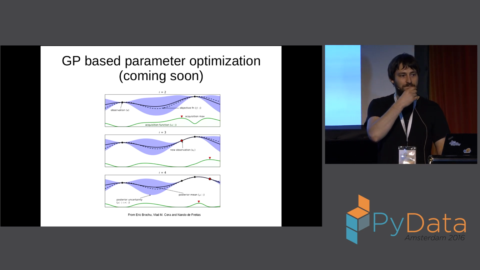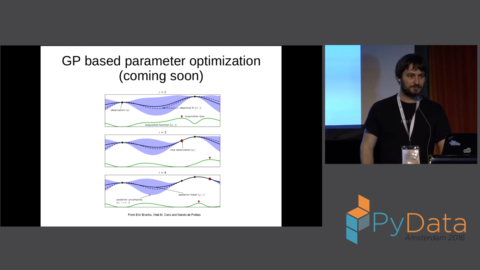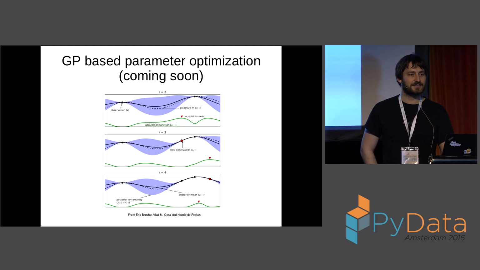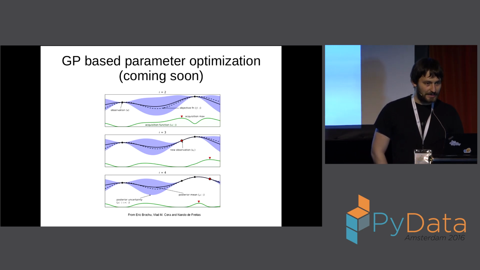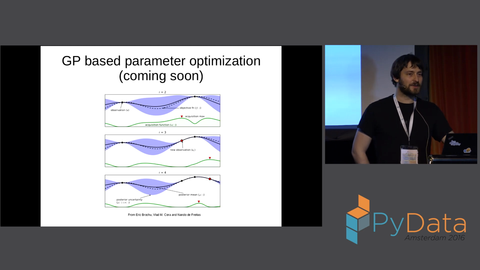Doesn't this assume that the function is kind of continuous, so that if you make small changes, it has small changes in the results? Yes. The Gaussian process makes the assumption that it's continuous, and it works best for continuous parameter settings. If you have discrete choices, then the GP can't really do much else than just try them out.